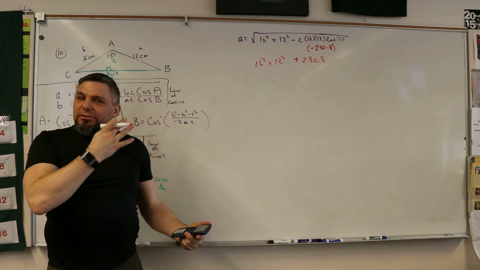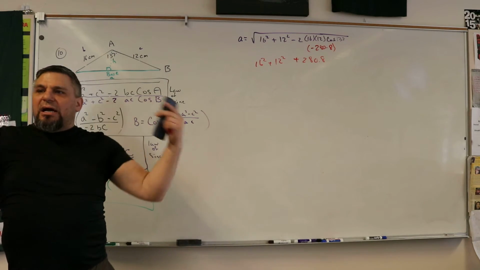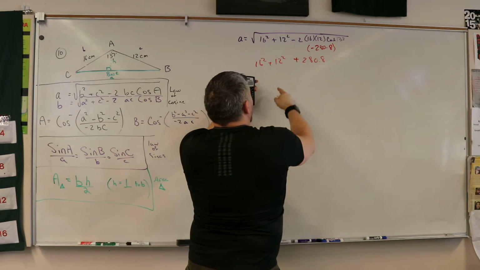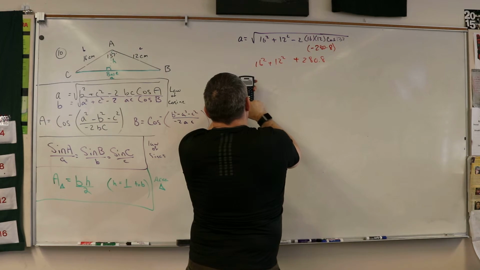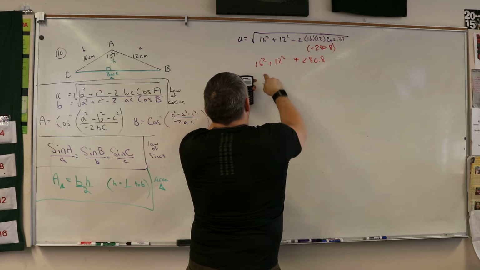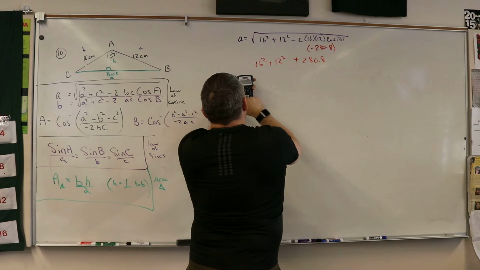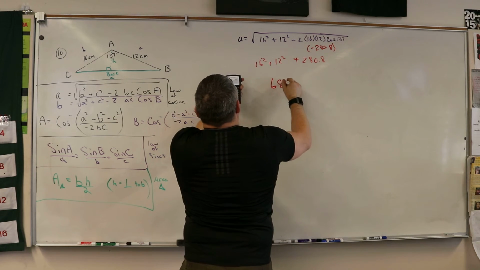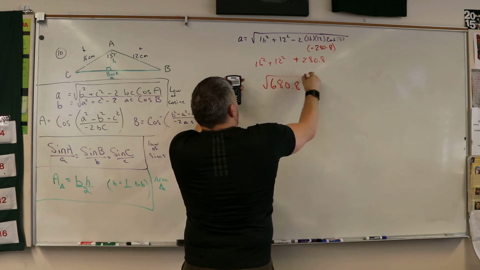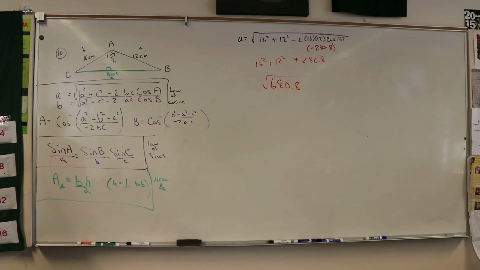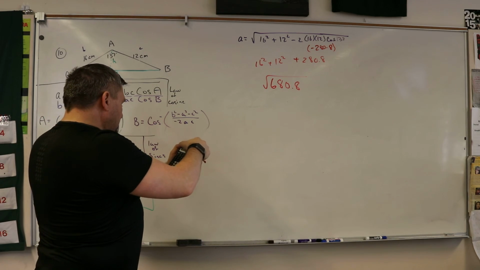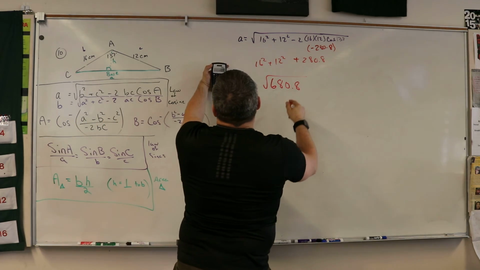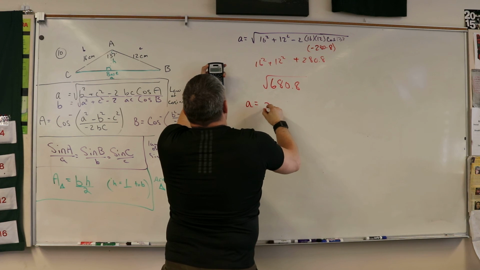Since I can add those in any kind of order, I'm just going to say plus 12 squared plus 16 squared and hit equals. So now I have 680.8 square rooted. So then I'm going to square root the answer, hit equals, and I get A is equal to 26.